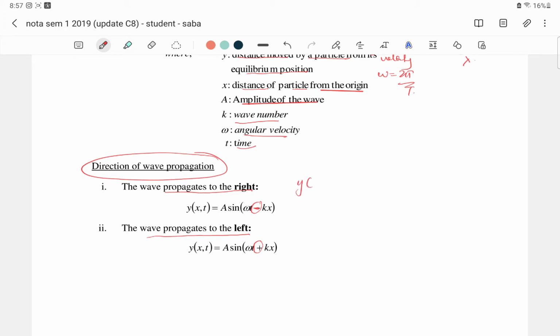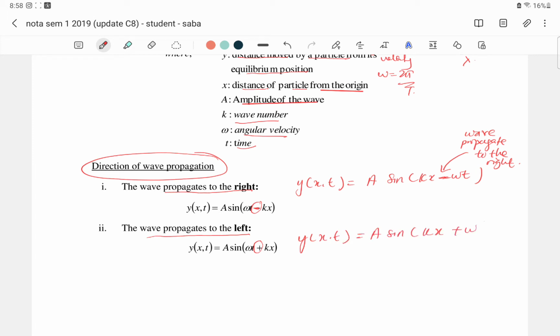Boleh juga kita tulis y(x,t) equal to A sin(kx minus omega t). This minus bukan kepunyaan omega. This minus just shows that the wave propagates to the right. Okay, satu lagi kita ada y(x,t) equal to A sin(kx plus omega t).